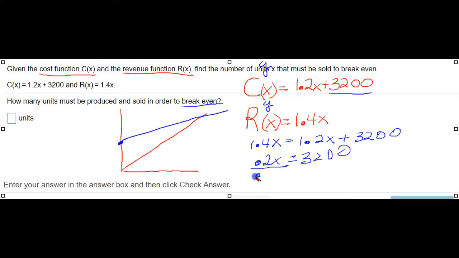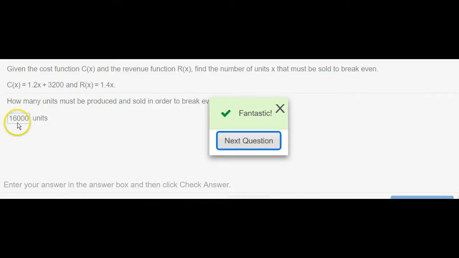Divide both sides by 0.2, and we get x equals 16,000. So the question is, how many of these units, X, must you sell to break even? In this case, it would be 16,000. And if we put 16,000 in, you see we have it correct.